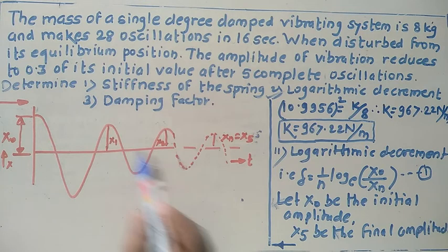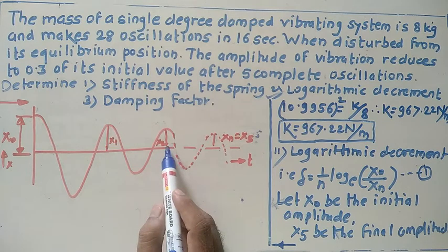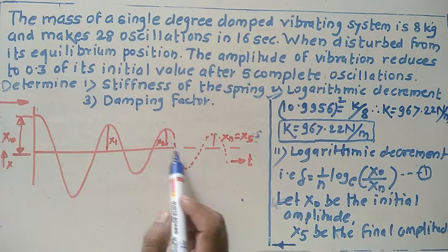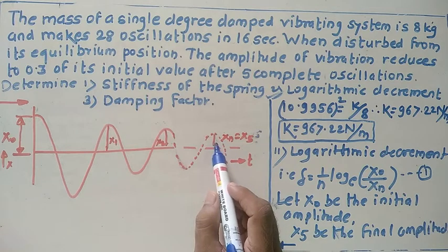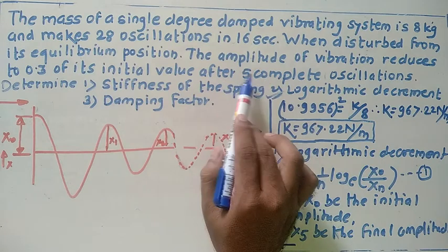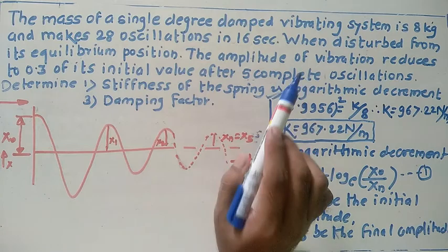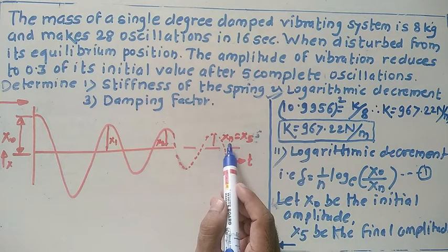This indicates the x1 amplitude, x2 amplitude, and that will continue up to xn. In this case, we have to consider up to 5 complete oscillations, so the xn value here is 5.